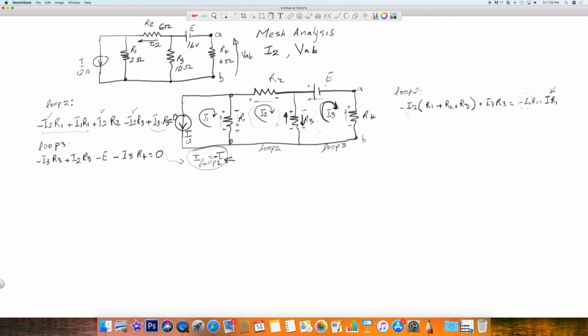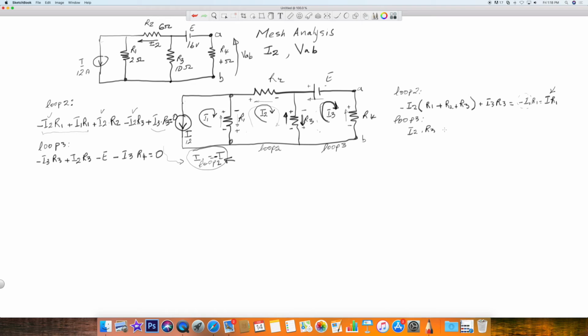The key here is I am organizing my variables and their coefficients in a specific pattern from which I could use a matrix to solve this problem. So let's go ahead and look at loop 3. Same thing, we're going to put I2 on this end, so we have I2 times R3, and then we could factor in the minus I3.